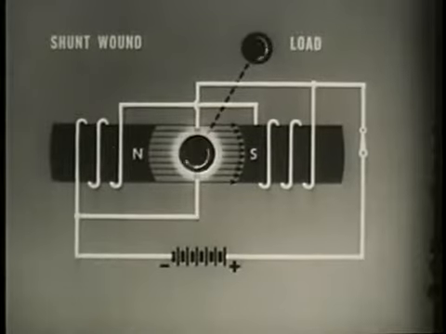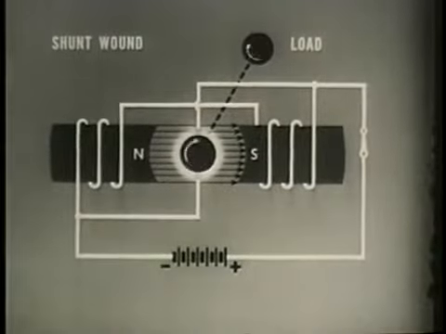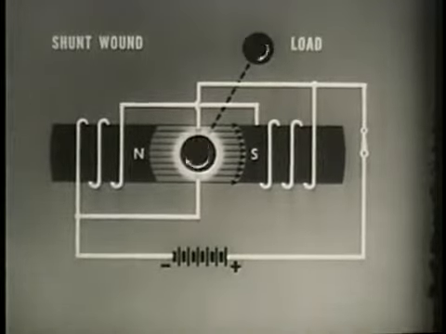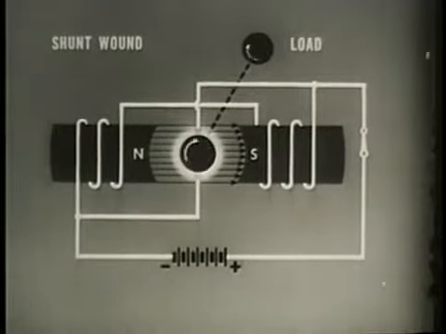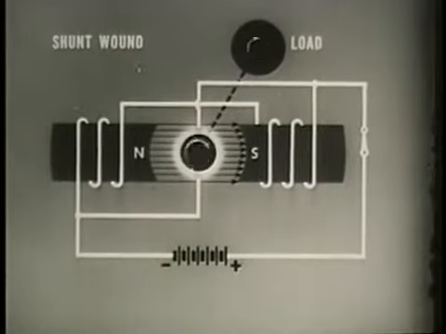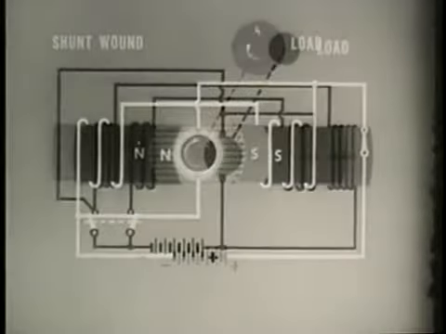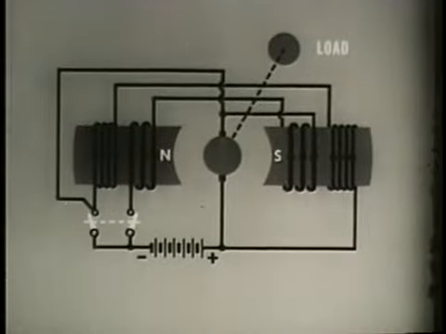In shunt wound motors, with the field coils connected in parallel across the DC input terminals, the starting torque is not too good, but since the field current is independent of the rotor current, the speed regulation is quite good. The compound wound motor combines the best features of both types.